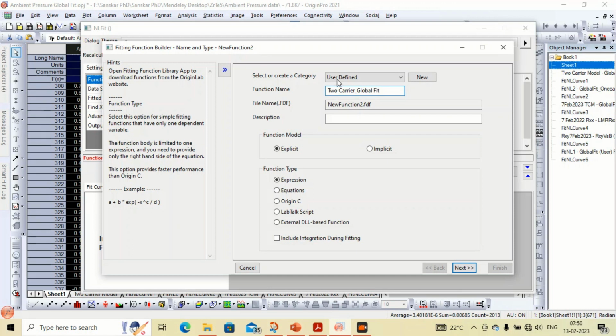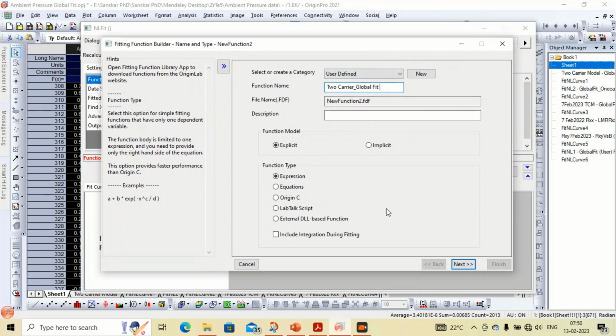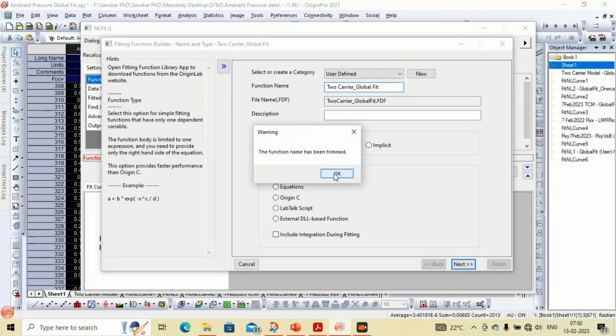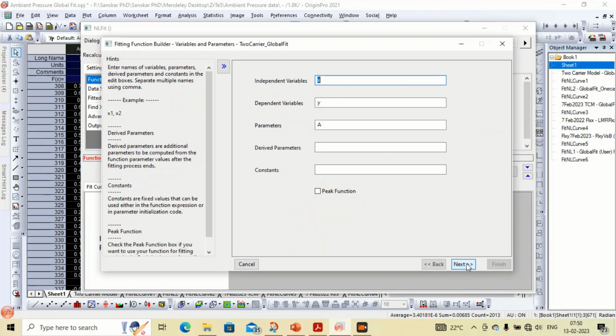This kind of fitting is called global fit, that's why we put global fit. The independent variable is B, the magnetic field. The dependent variable can be Y, and the parameters are small n, small p, small c, small d, and small e. No derived parameters are here, and also no constant. We have chosen small e as a parameter. We can also put it as a constant, but no problem.